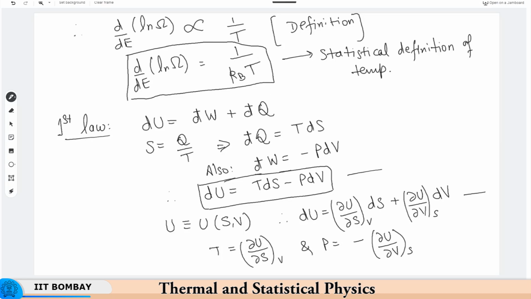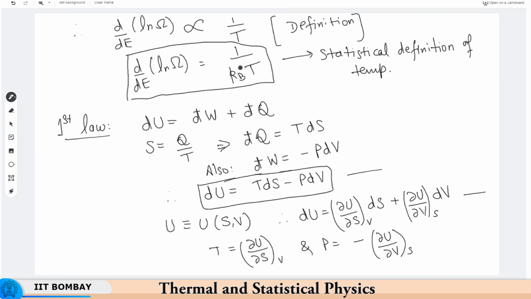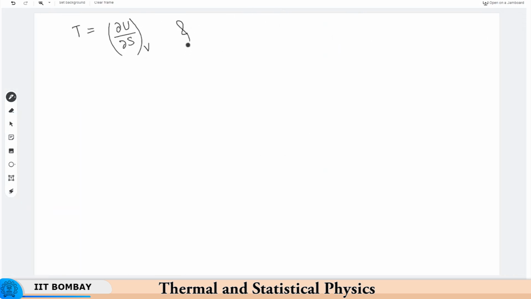So what I am saying is, we just saw that the temperature equals del U by del S at constant volume. I can express this as the inverse of temperature is del S by del U at constant volume.